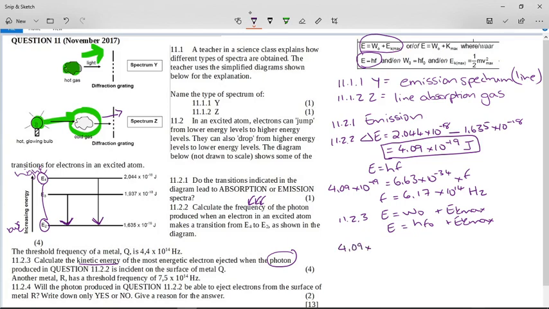So my energy of the photon is 4,09 times 10 to the negative 19, which is going to be equal to Planck's constant, 6,63 times 10 to the negative 34, times the threshold frequency, which is in the question here, 4,4 times 10 to the 14, plus my EK max.